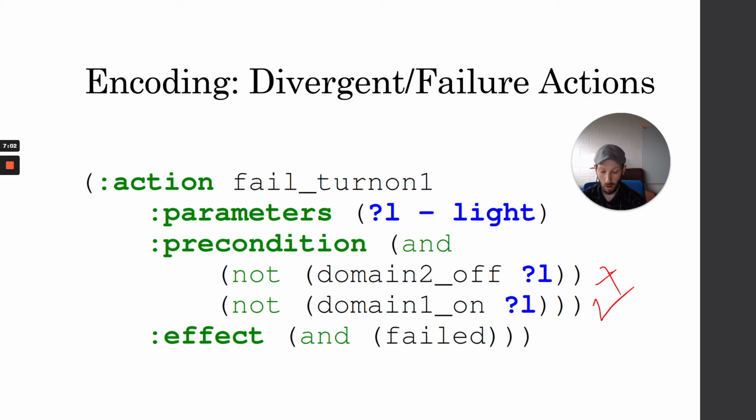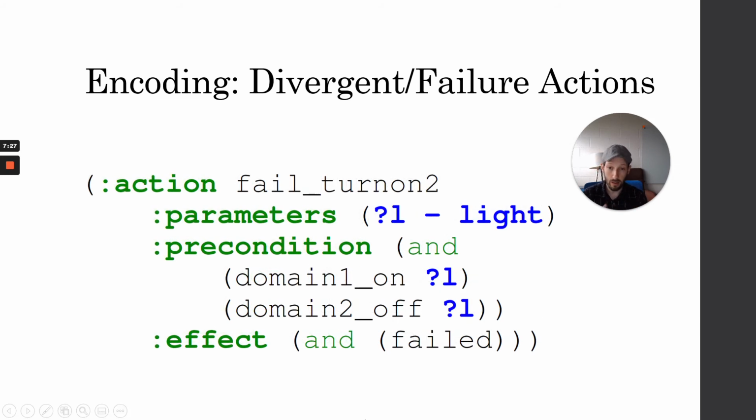So in domain 1, the on predicate is false. And in domain 2, the off predicate is false. And so that's incorrect here. And so if we can execute this action, it means in domain 1, we could turn the light on, but in domain 2, we could not, right? And so this identifies a place where we have failed to align the two action theories.